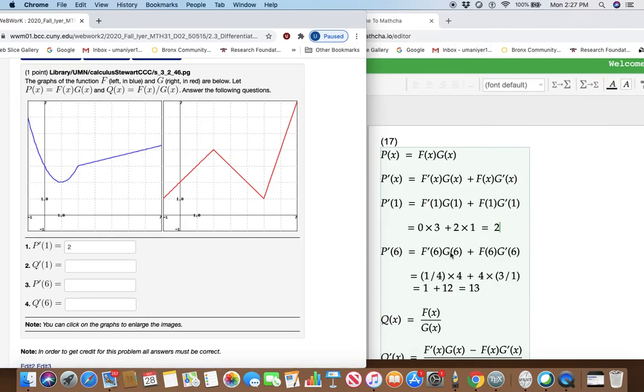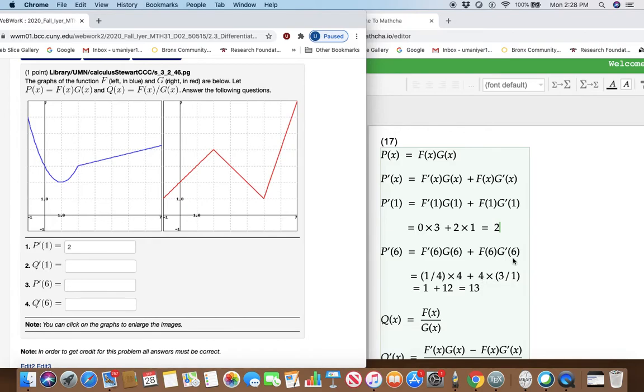All right. What about the value of g at 6? 1, 2, 3, 4, 5, 6. The value at 6 is 4. Plus value of f at 6, that's a 4.